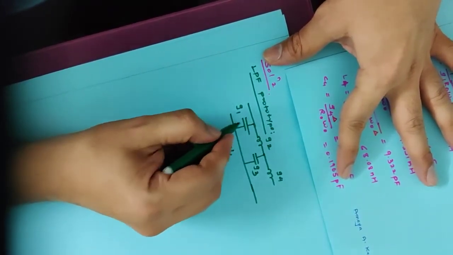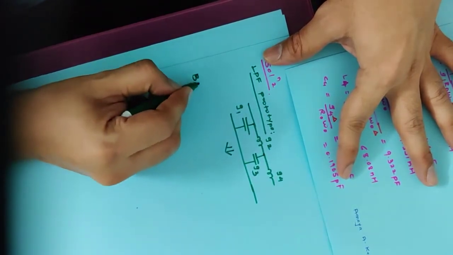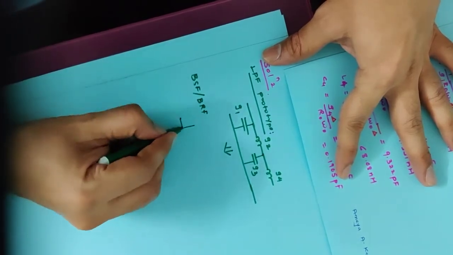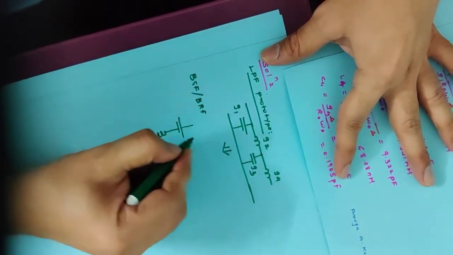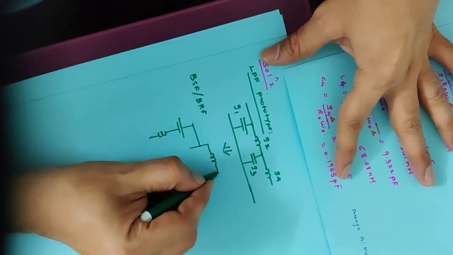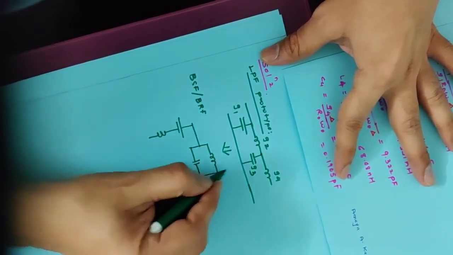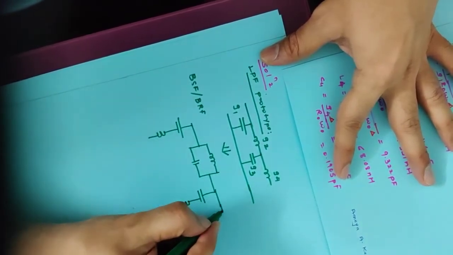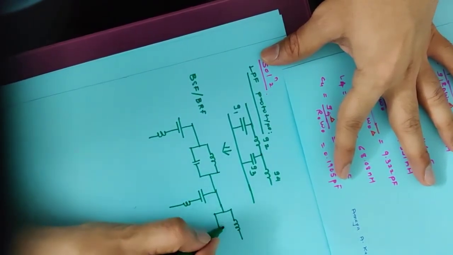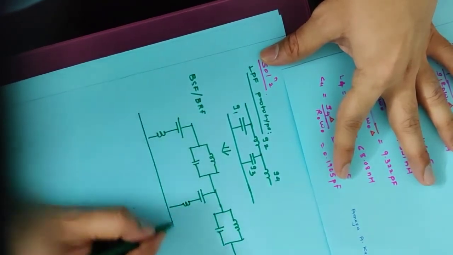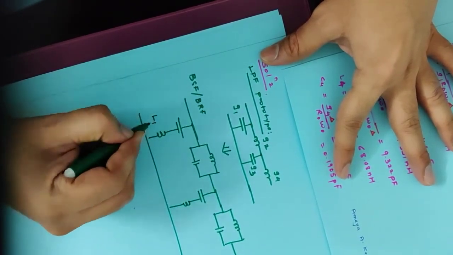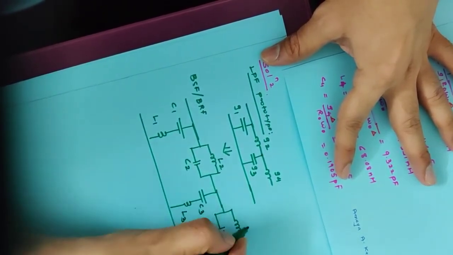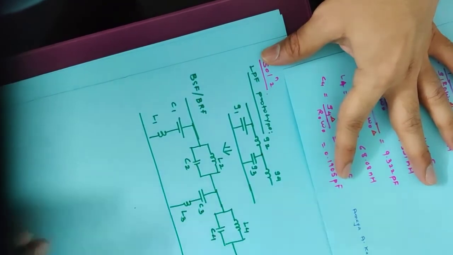And now when you are designing band stop filter or band reject filter, this capacitor will become series combination of capacitor and inductor. This inductor will become parallel combination of inductor and capacitor. So I will have L1, C1, L2, C2, L3, C3, L4 and C4.